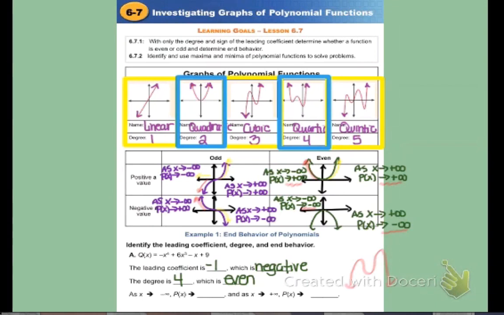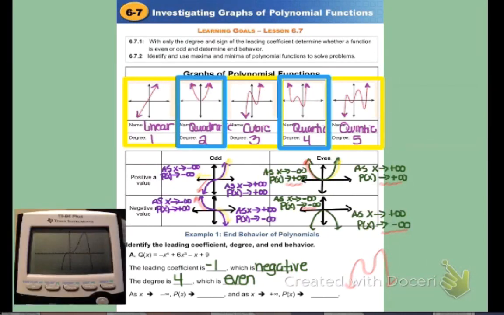I could graph it in the graphing calculator to see, but this is sort of going to be the trend. Both of the ends are going to face down, and it could look something like this. But to be certain, we could actually put it in the graphing calculator. Okay, so this is what it actually looks like.